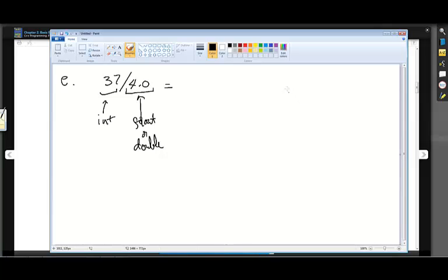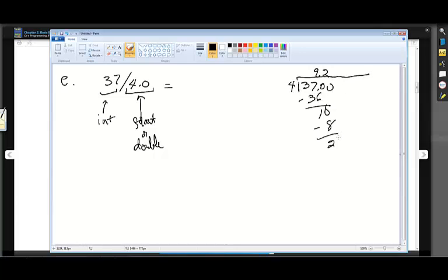So I'm going to do 4 divided into 37. 4 goes into 37 how many times? 9. 9 times 4 is 36. Subtract, I get 1. Put a decimal right here. Bring down the 0. How many times does 4 go into 10? 2, which is 8. Subtract, I get 2. I add another 0 to make sure the precision is accurate, and I can go on and on with it as well.